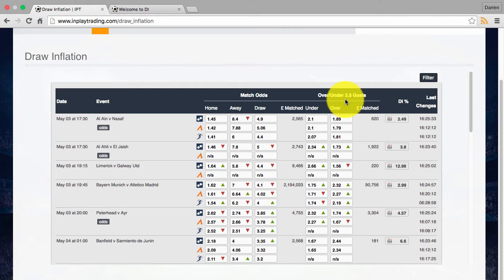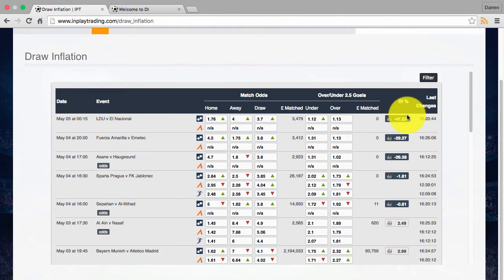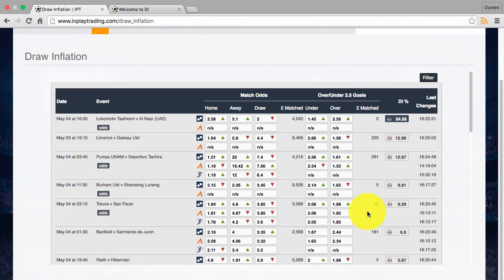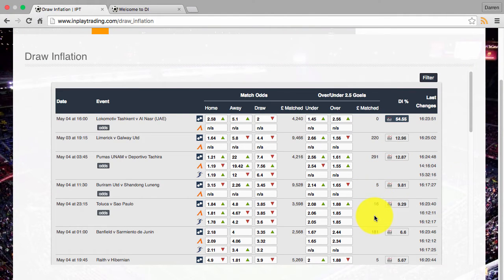So certain criteria will exist within the software, and depending on what percentage level the draw inflation is, and again we can sort that high or low as to how we want to see it, then we will take a position in the market based on that particular draw inflation at the time, which will invariably be back the favourite and lay the draw, or back the draw and lay the underdog, or various combinations of that sort of thing, based around what the percentage level is within the actual market.